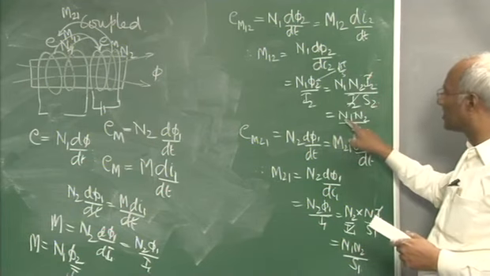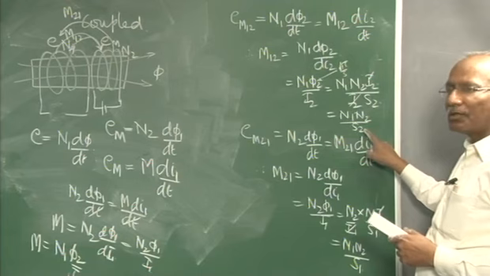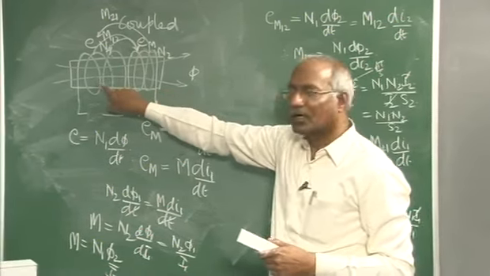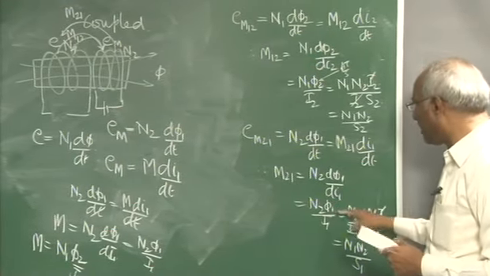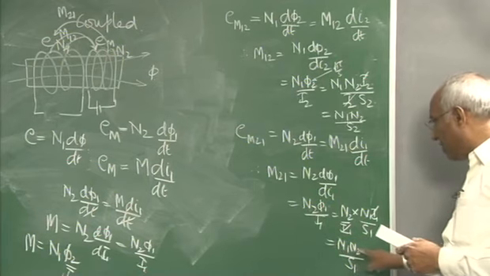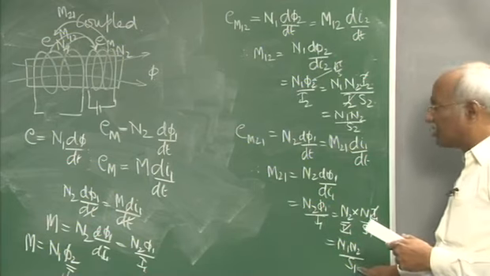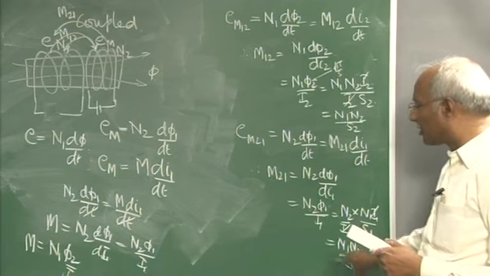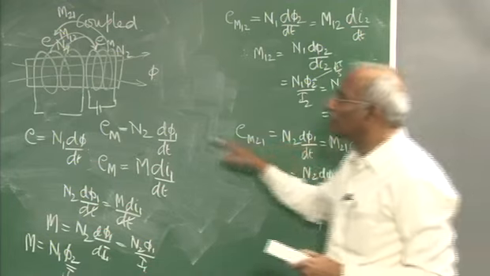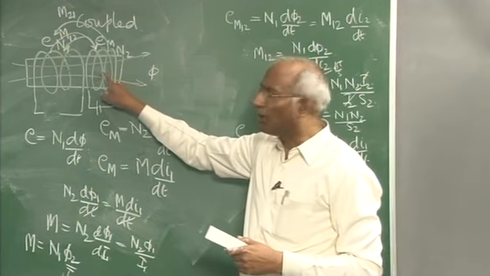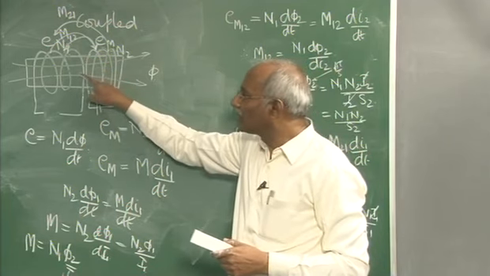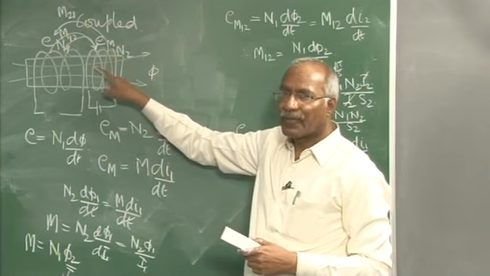In that case it works out to be N1 N2 over S2. The EMF induced in the second coil because of the flux in the first coil will also work out to be N2 phi 1 by I1, which when simplified results in N1 N2 over S1, where S1 is the reluctance offered to the flux produced by the first coil and S2 is the reluctance offered to the flux produced by the second coil. As you can observe here, the magnetic circuit or the path of the flux is the same for both the fluxes.